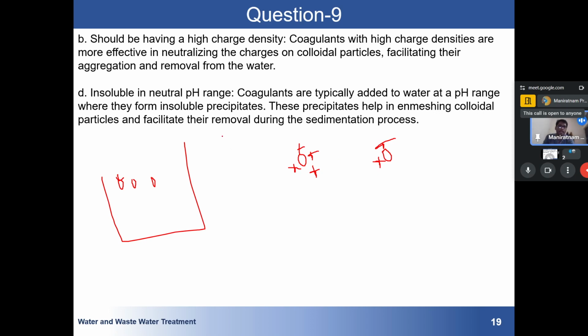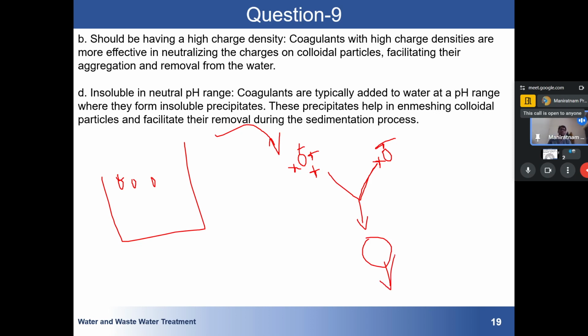Now, by adding some coagulant, I have changed the surface chemistry of this water. This charge will be removed from here, and this charge will also be removed, and eventually they will form larger particles, their weight will increase, and eventually they will settle down.